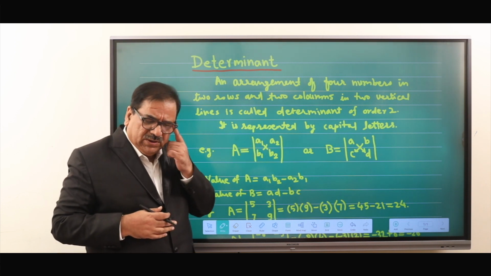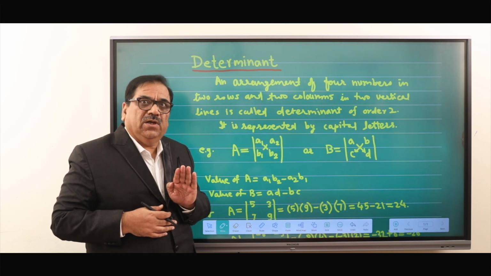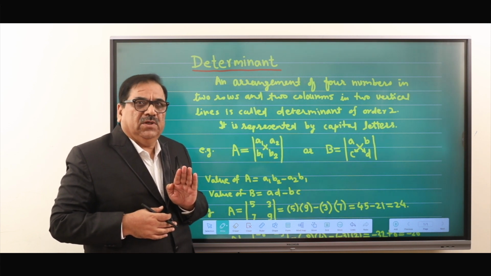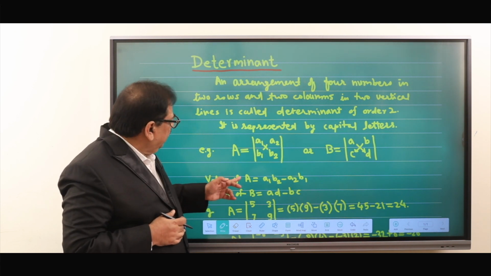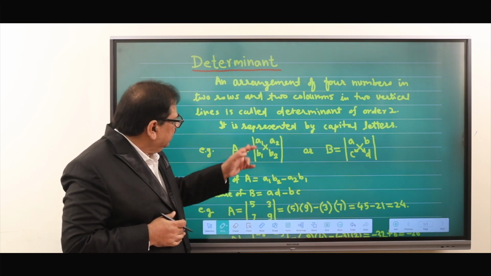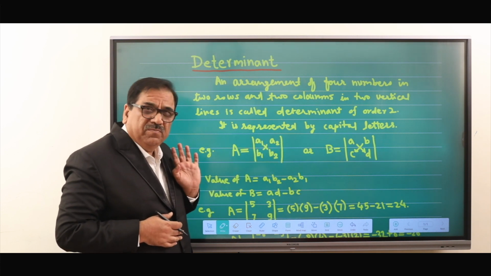This you should not forget. Determinant is required in higher mathematics and it is a very important concept. So the value of A is a1 b2 minus a2 b1, and the value of B is ad minus bc.